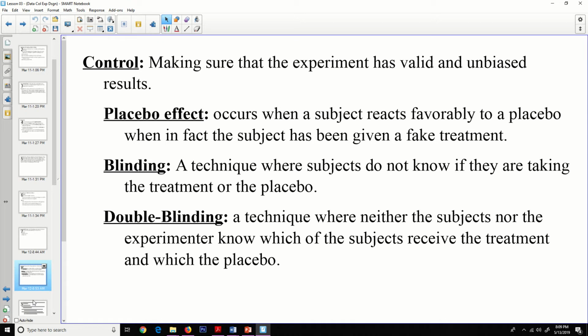Blinding is a technique where subjects do not know if they're taking a treatment or the placebo. So you basically line them all up, and some get the treatment, some get the placebo, and they don't know.